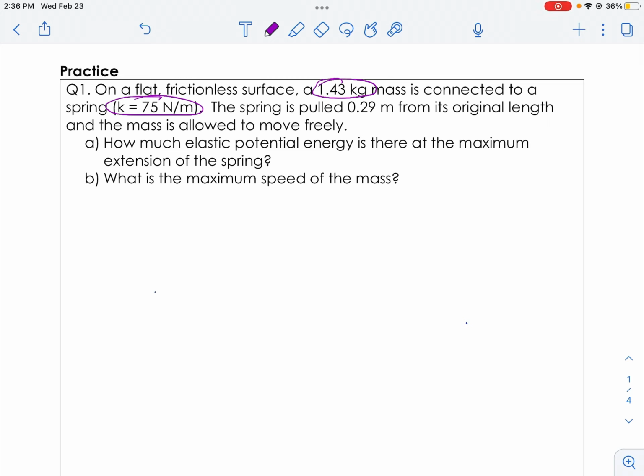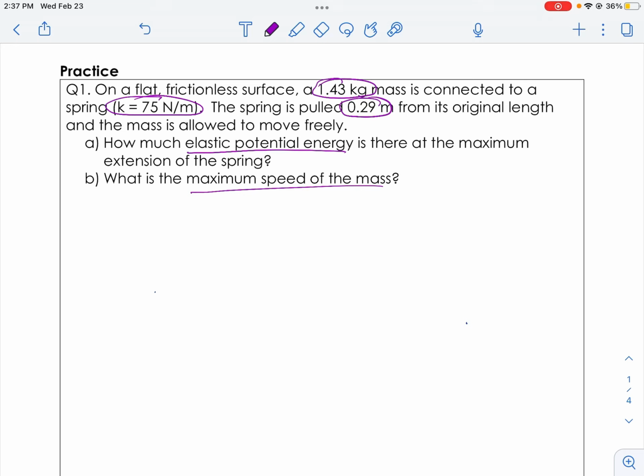The spring is pulled 0.29 meters from its original length, and the mass is allowed to move freely. We want to know how much elastic potential energy is there at the maximum extension of the spring, and then what is the maximum speed of the mass.